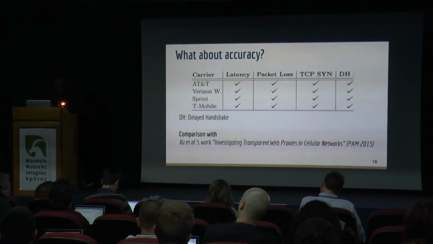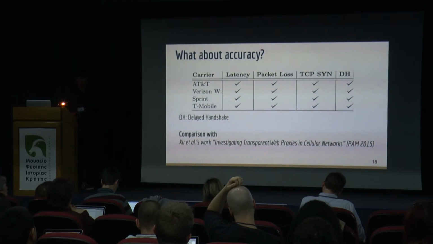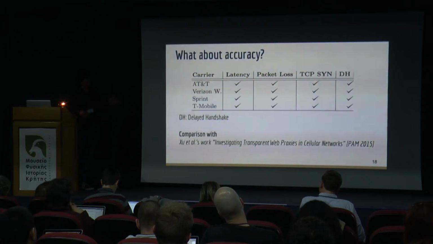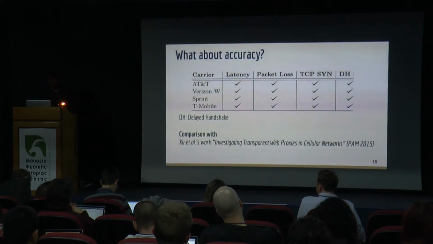So we compared the delayed handshake metric that this study used as a representative of detecting TCP terminating proxies, and we found that for all major US carriers, all three of our techniques were able to identify that there was a proxy, similar to what this active measurement technique did.